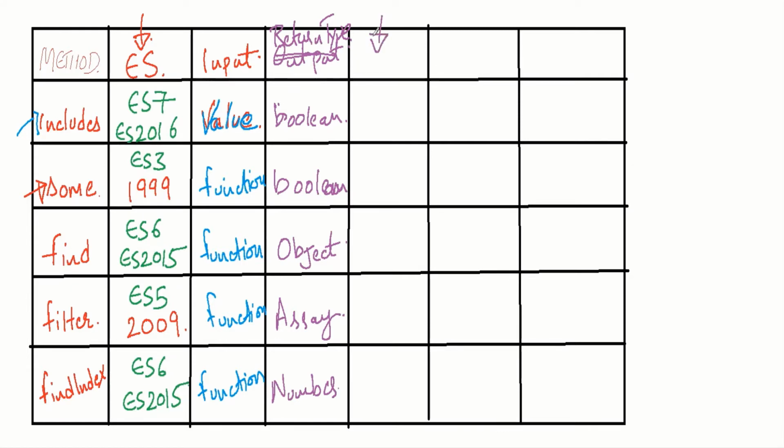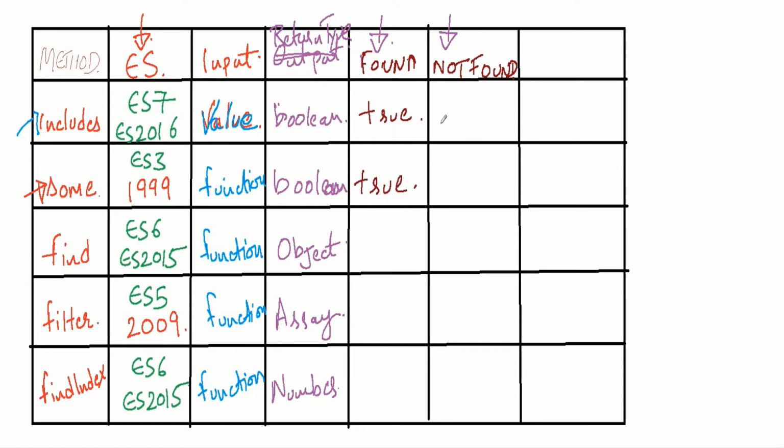Let's see two more columns here. So if the value is found, so I will write it down here, found, F-O-U-N-D, or if the value or item is not found, let's see what these methods will return. So includes will return true, some will return true.